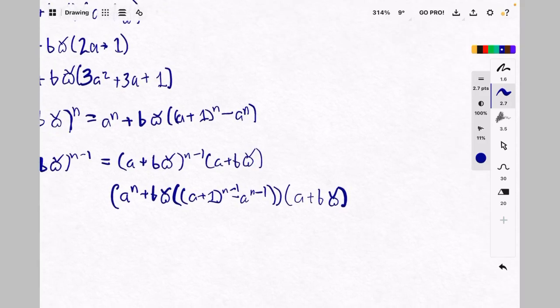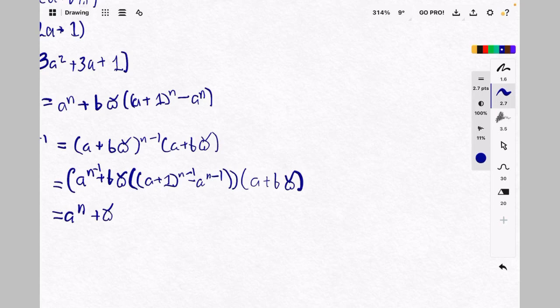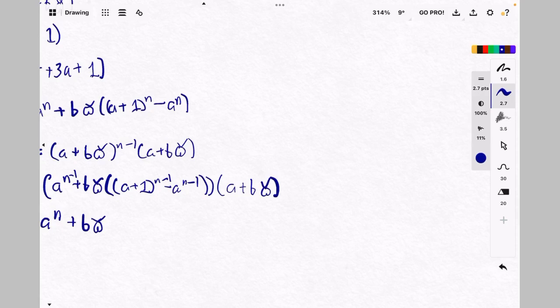And remember, now that we're doing it this way, we can clearly see what order we're going to be multiplying in. So a to the n minus 1 times a is just a to the n plus b a to the n minus 1. Actually, let me factor the b out first. There we go. b telugu d, and then a to the n minus 1.